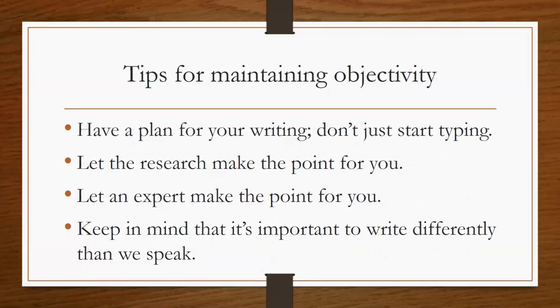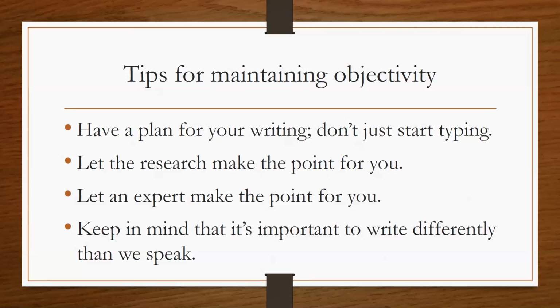And then also keep in mind that we should write differently than we speak. And so if you are preparing to write a research paper, one of the struggles will be to phrase something in the way that is appropriate for writing and not speaking. And that doesn't mean that you can't ever write anything in a draft that is a little informal.